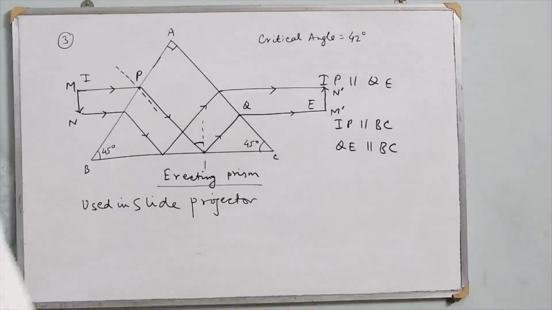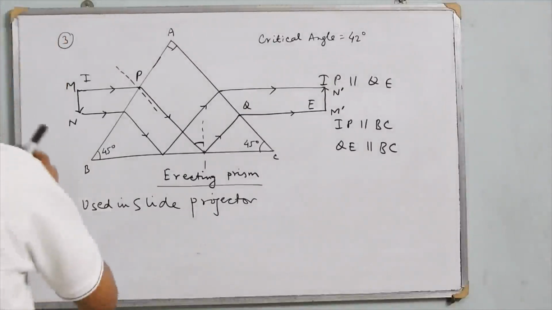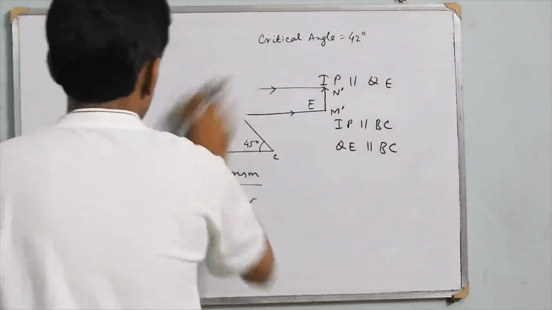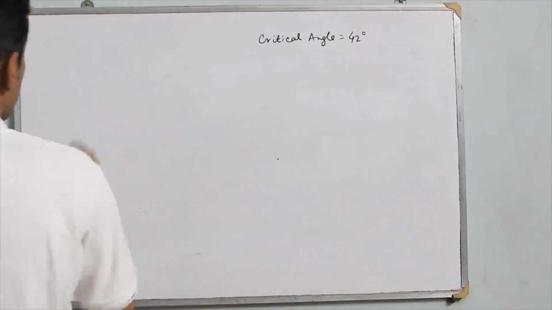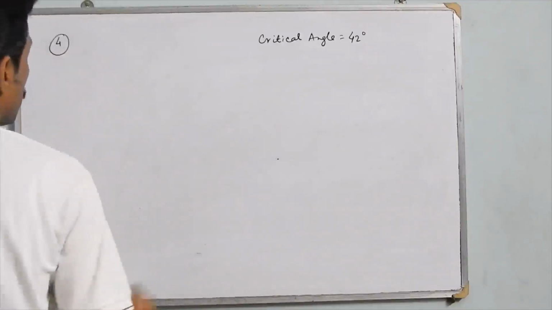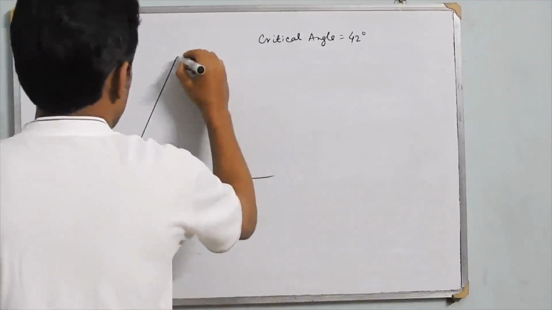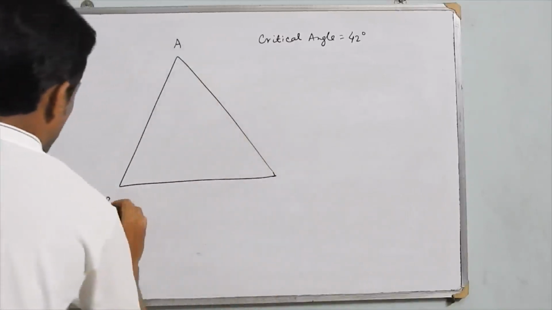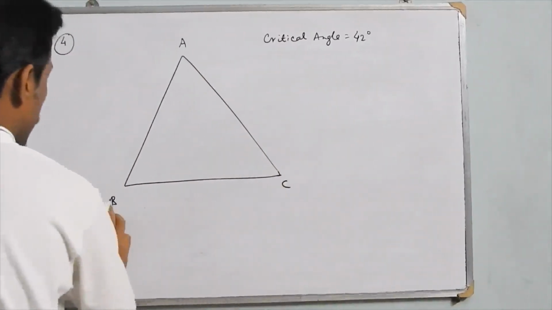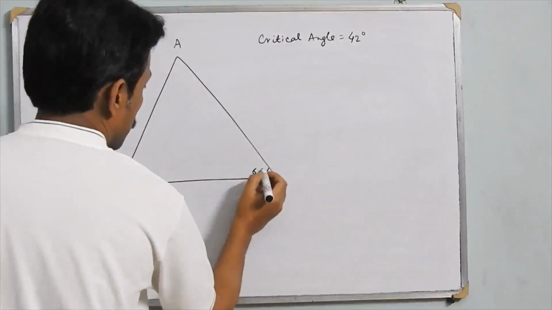Let us consider now an equilateral prism. Suppose the critical angle between glass and air remains same, that is 42 degree. So let me consider an equilateral prism now. So suppose this is an equilateral prism. Obviously, the angles are 60 degree each.